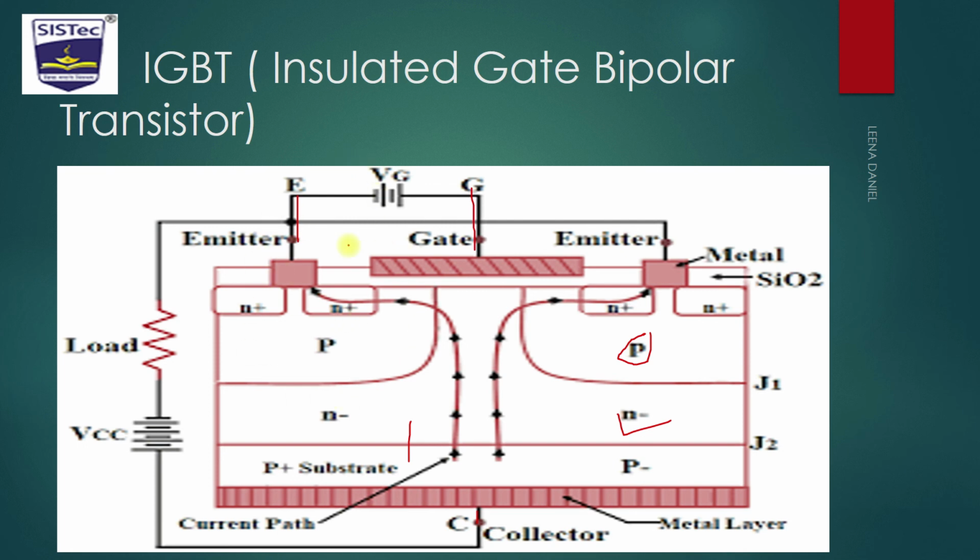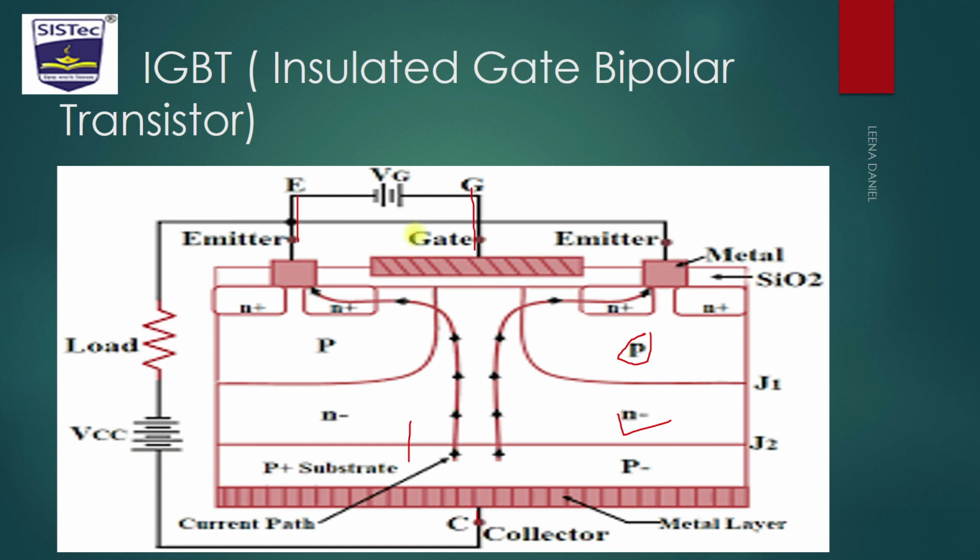For making the IGBT forward biased, what do we have to do? We have to make the collector positive, and we have to make the gate terminal also positive with respect to the emitter, with gate emitter voltage more than the threshold voltage of the IGBT.